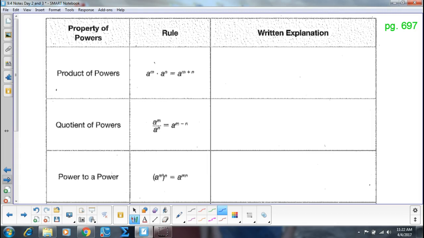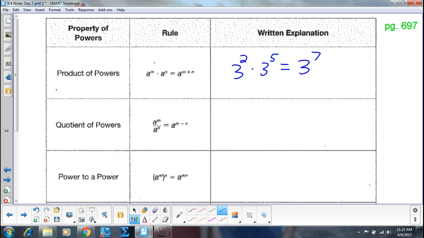So, for instance, 3 squared times 3 to the 5th power is 3 to the 7th power. I add those exponents.